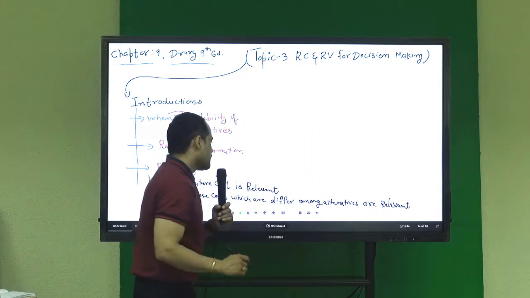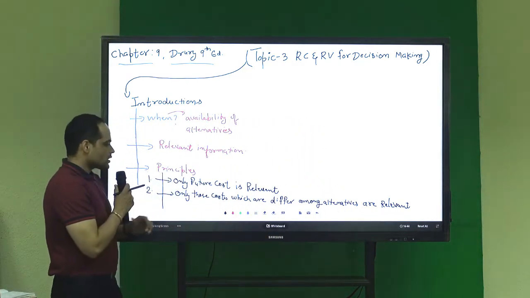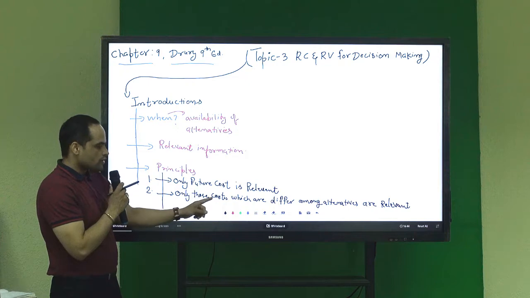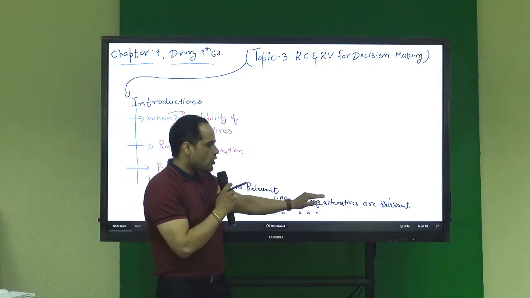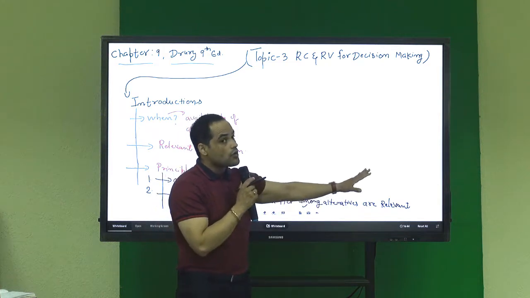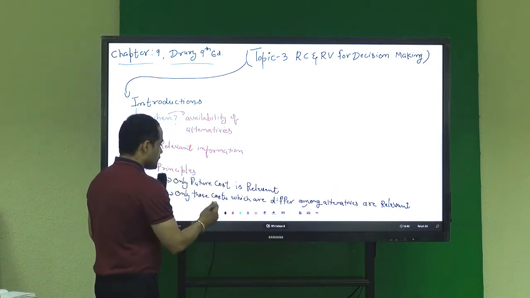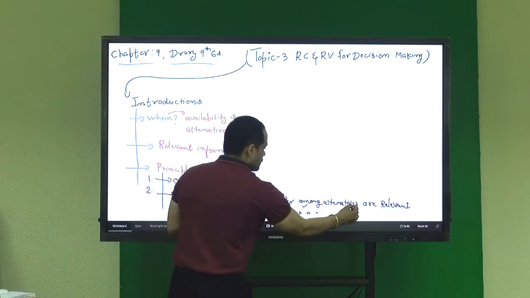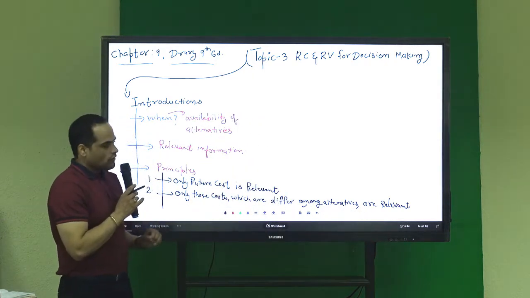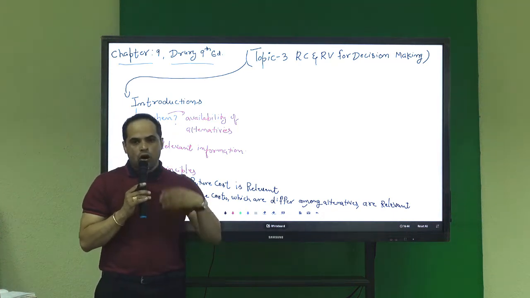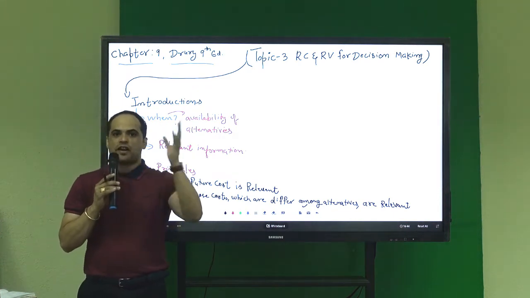Alright? The second principle is only those costs which are different among alternatives are relevant. Any kind of cost which is different among options.